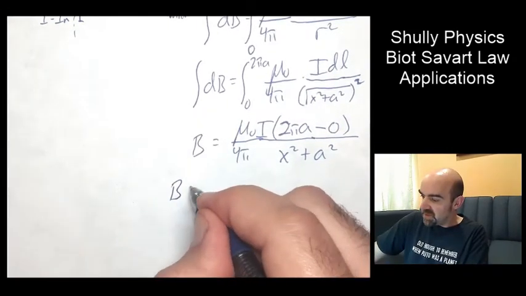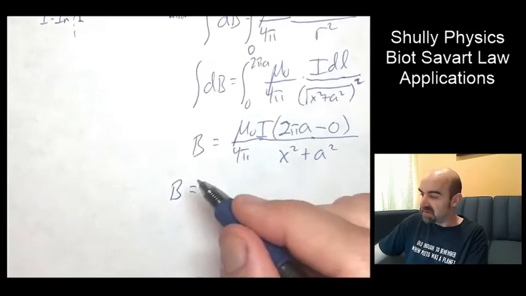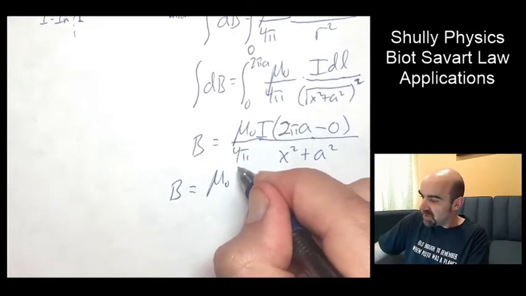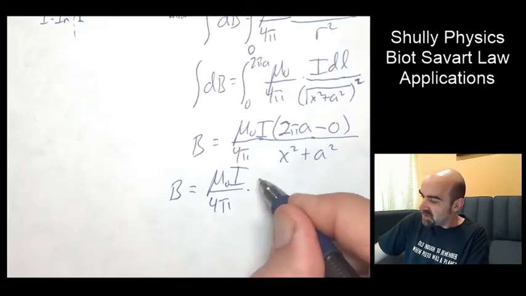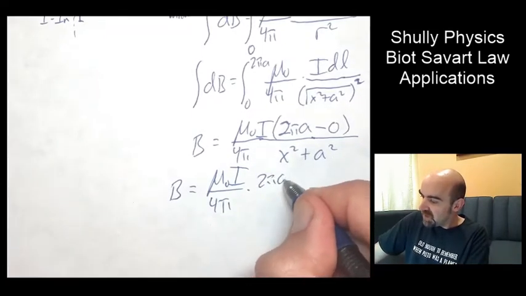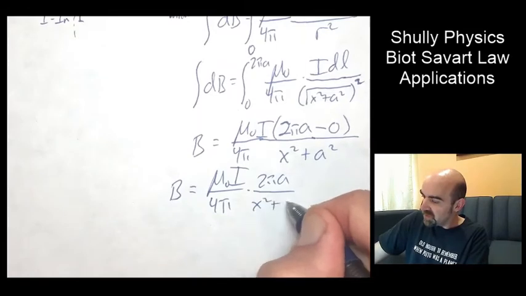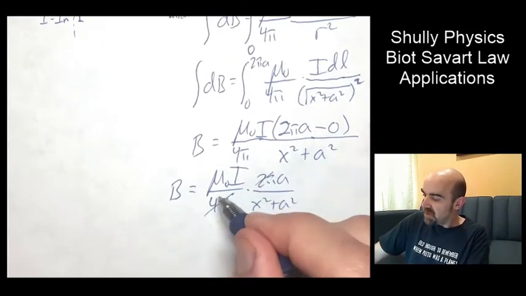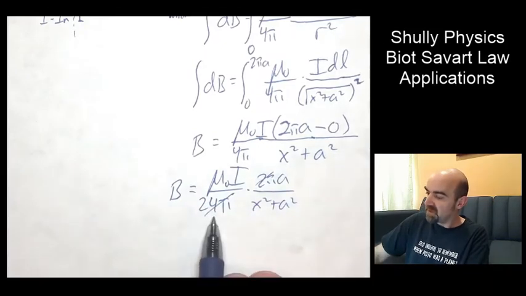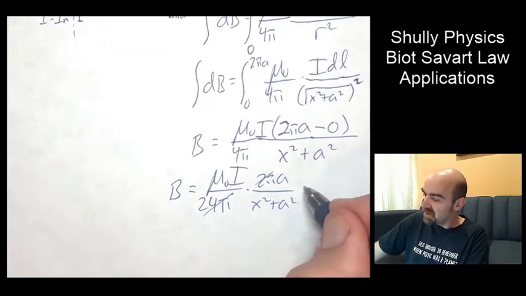Okay. So our generic magnetic field is mu naught I over 4 pi times 2 pi a over x squared plus a squared. We can simplify that a bit. The 2 pi would cancel out most of that 4 pi, leaving a 2 behind.